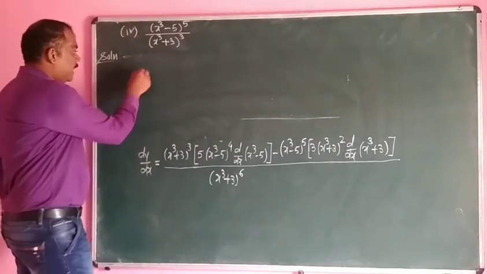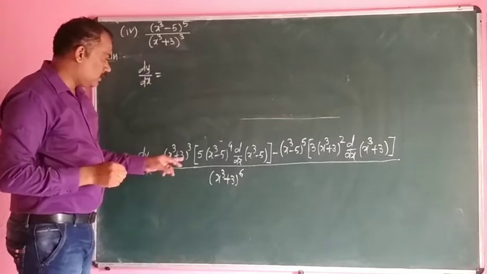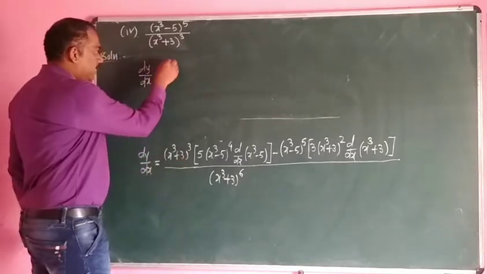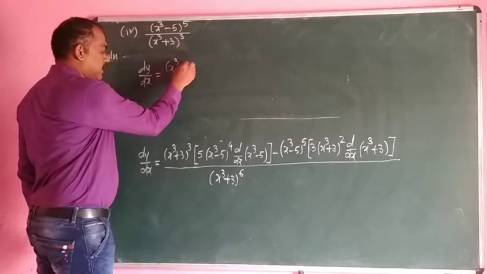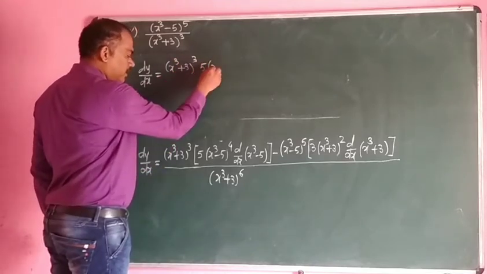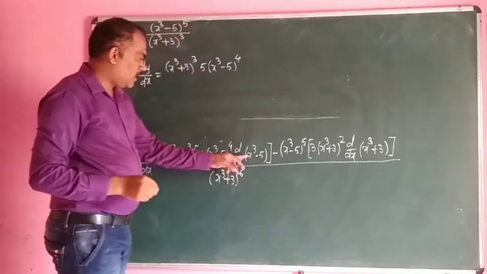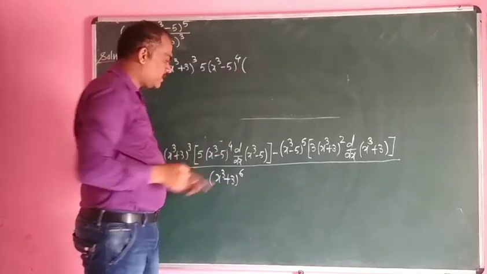That is dy by dx is equal to, what we get, x cube plus 3 raised to 3 into 5 into x cube minus 5 raised to 4. Now what is the derivative of x cube?